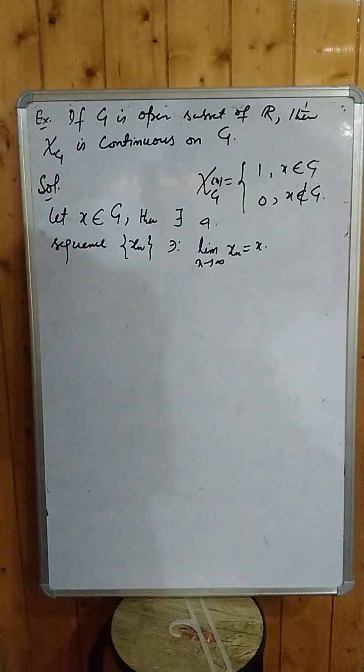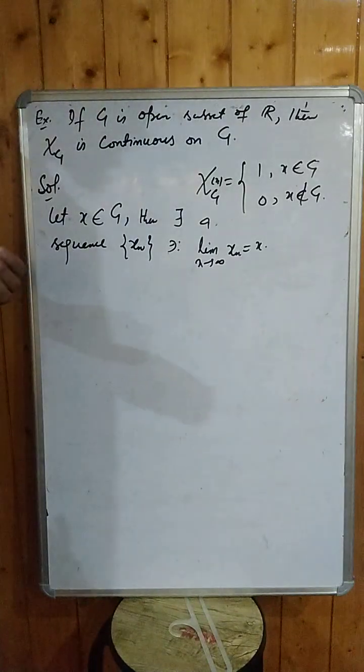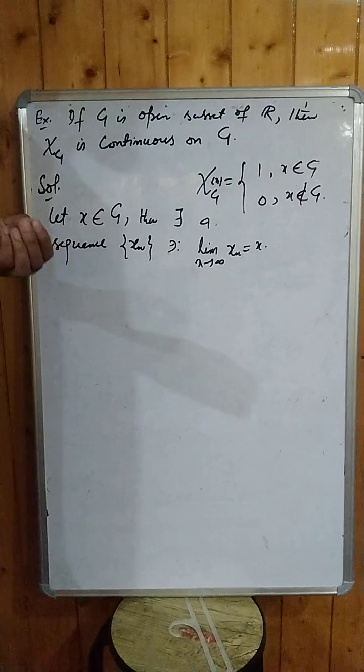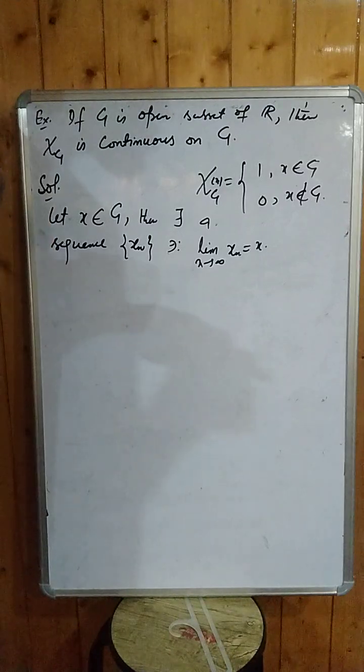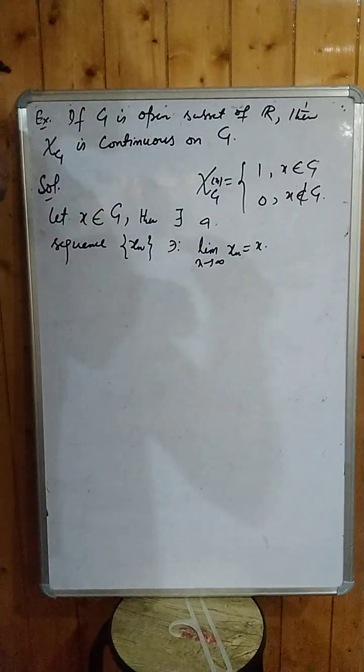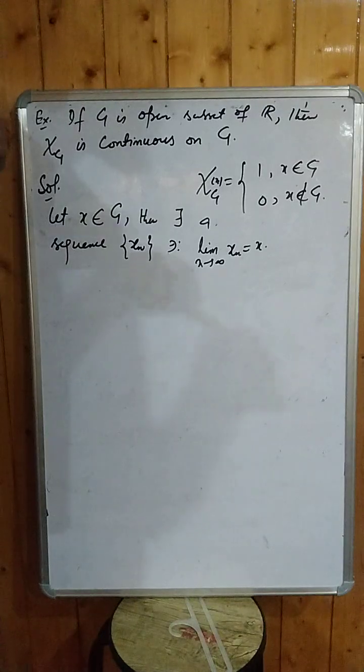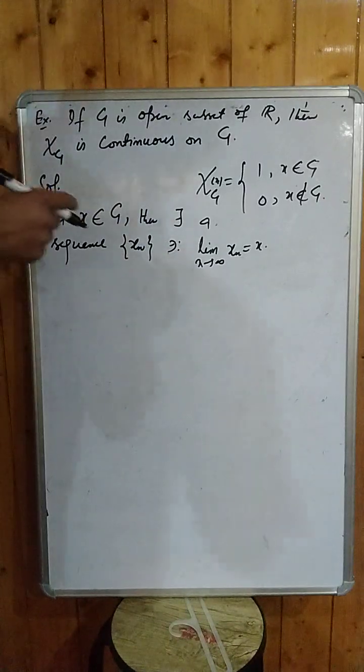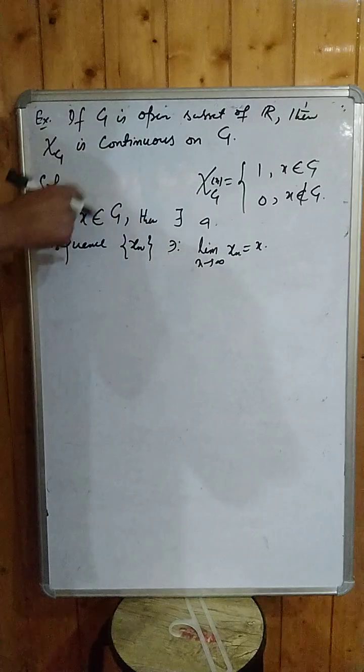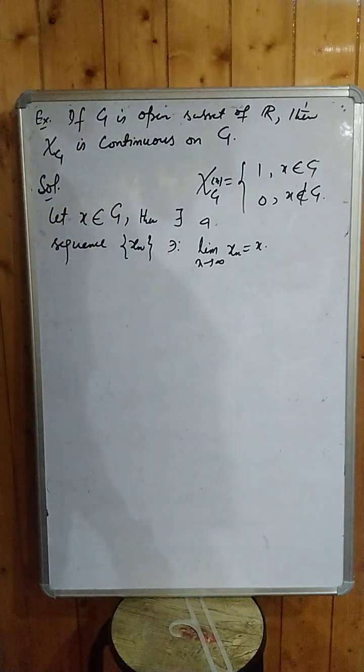The sequential approach means that if we have to discuss continuity at a point in a set, we are supposed to take any sequence which converges to that point, and we have to check the post images. Do those post images converge? Does the post image of xn converge to the post image of x?